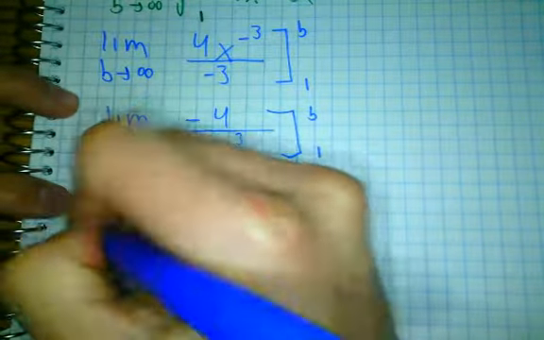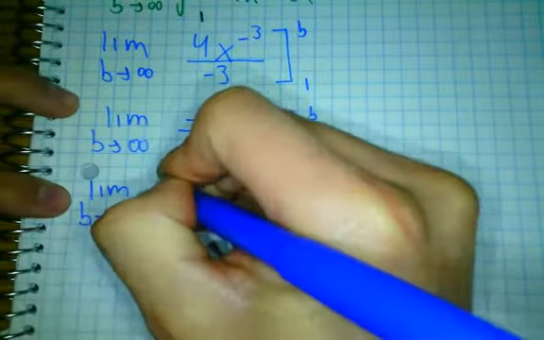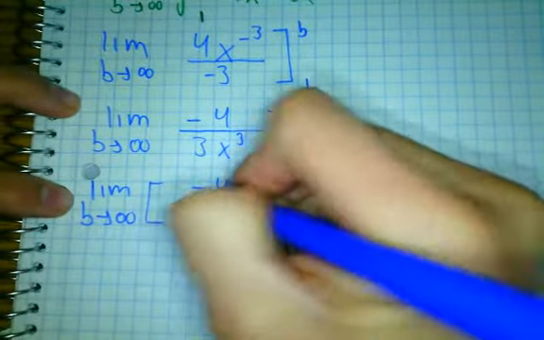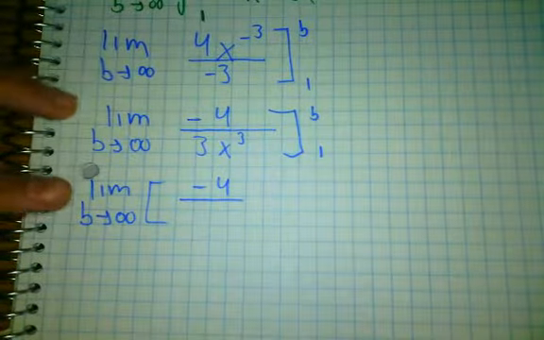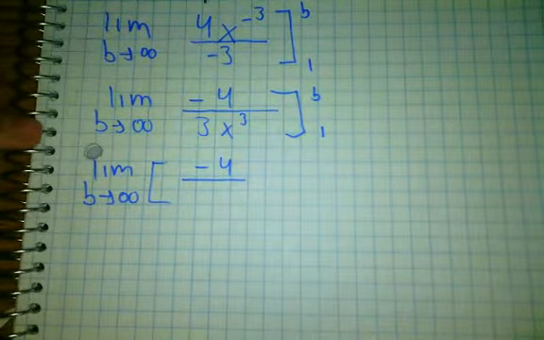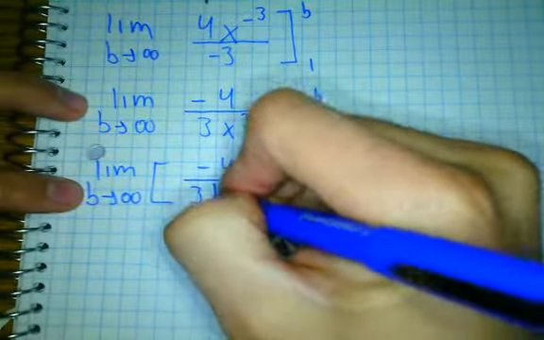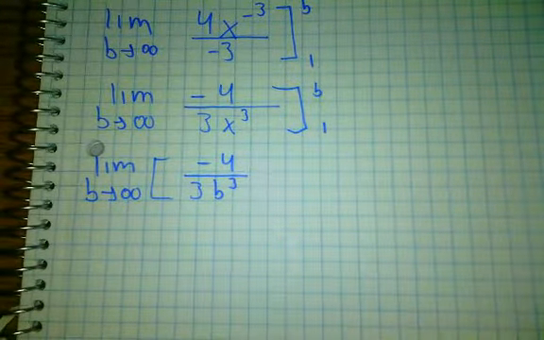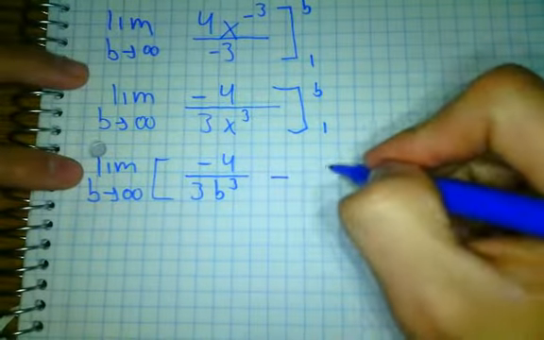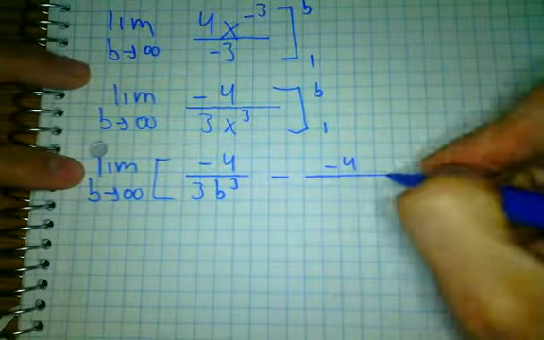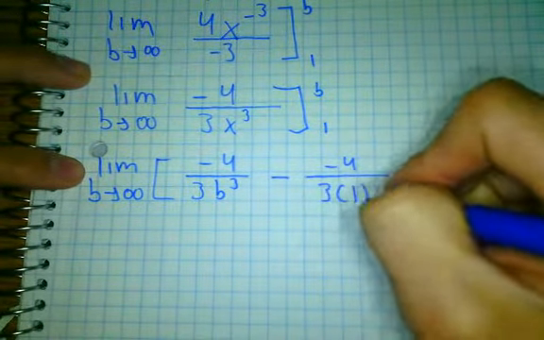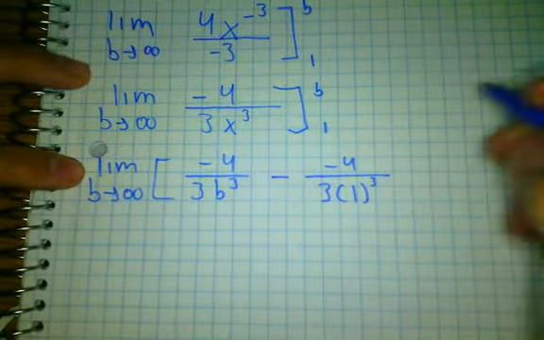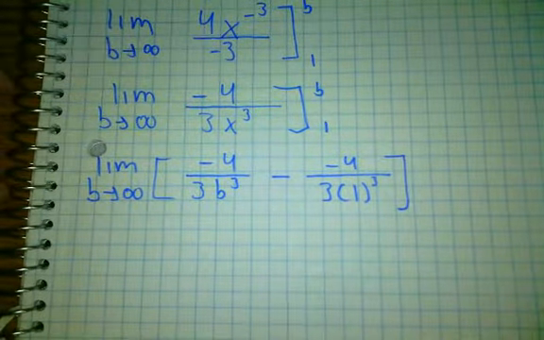So then this becomes the limit as b approaches infinity of, if I first plug in b, I get negative 4 over 3b cubed. And then what do I do after that? And then subtract. So it's minus negative 4 over 3, 1 cubed, right? Yes?